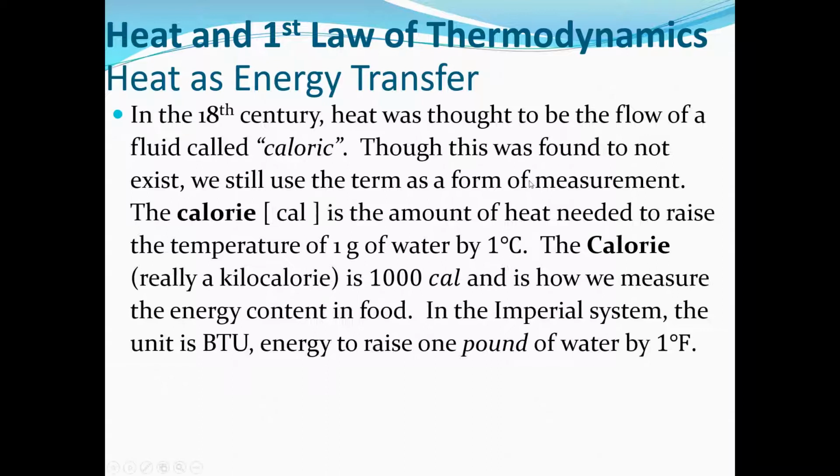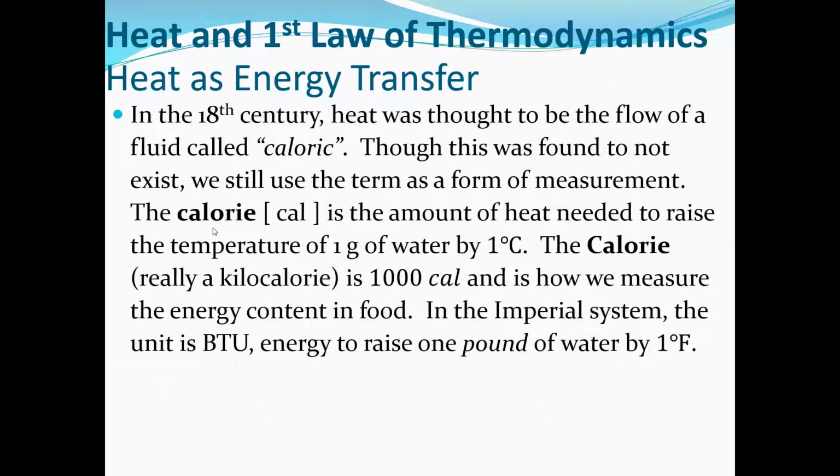One unit used for heat is the calorie, little c on this. And it's defined as the amount of heat needed to raise 1 gram of water by 1 degree Celsius. Now, because the calorie is fairly small, a lot of times we use another unit, which for some completely unknown and odd reason, they call the Calorie, big C. This is essentially a kilocalorie or 1,000 little c calories, and it's how we normally measure the energy content in food.